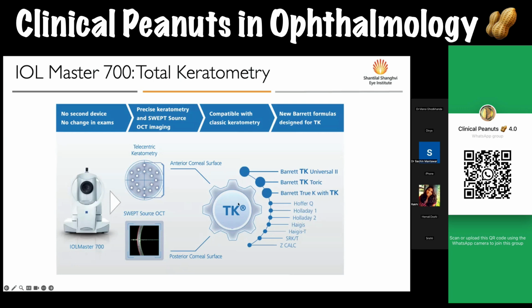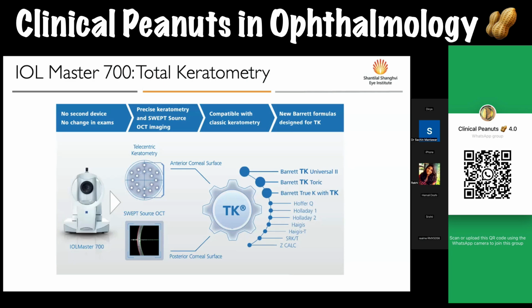And this can then be incorporated into standard IOL power calculations. But what Graham Barrett realized was that if you use this TK value in the original calculator, which is already correcting for the posterior corneal astigmatism, you will have a double compensation, or an overcorrection.